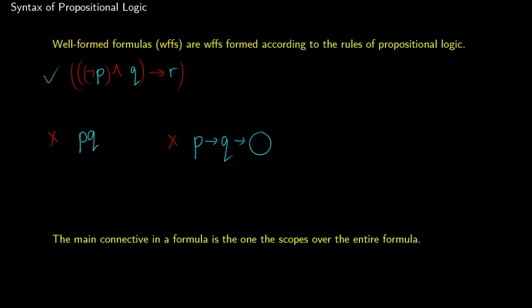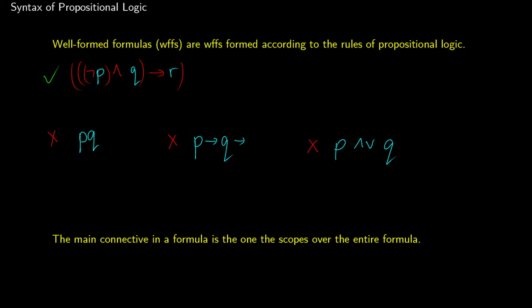That does not work. Similarly, we could not do P and or Q, that would not work either. It has to be a proposition with a connective if it's negative, or two propositions and a connective in between if it is one of the binary connectives like and or.